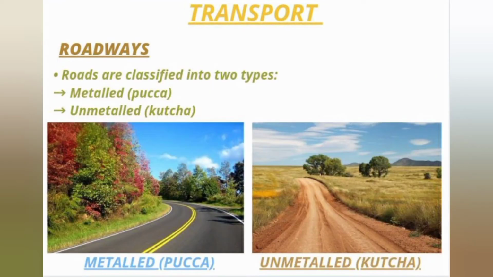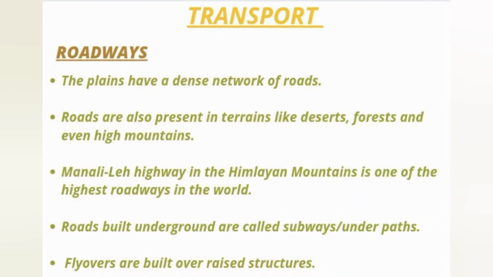Roads are classified into two types: metalled, that is pakka, and unmetalled, that is kacha. The plains have a dense network of roads. Roads are also present in terrains like desert, forest, and even high mountains.